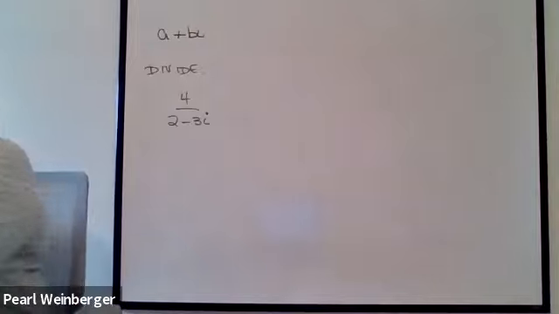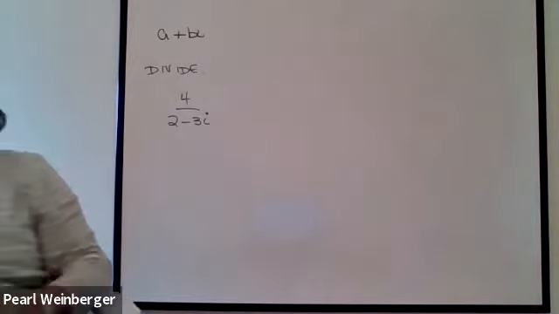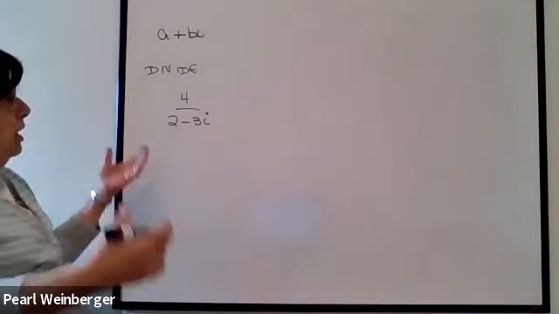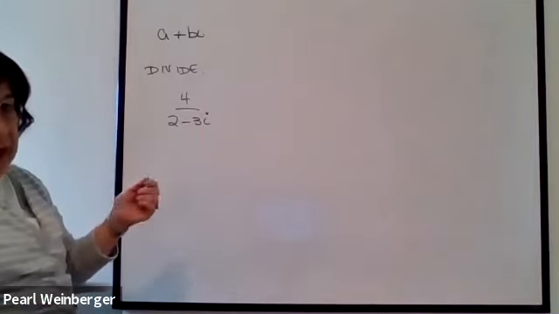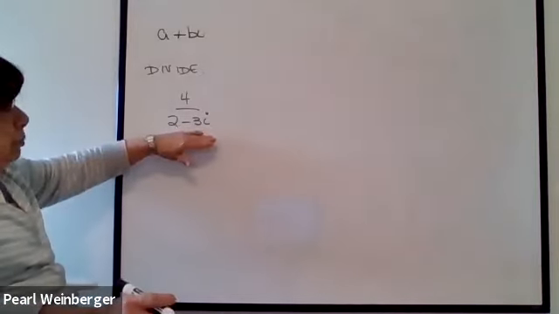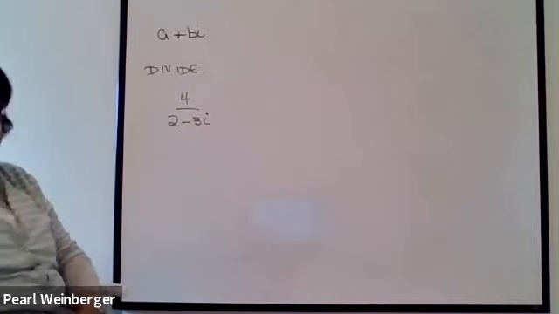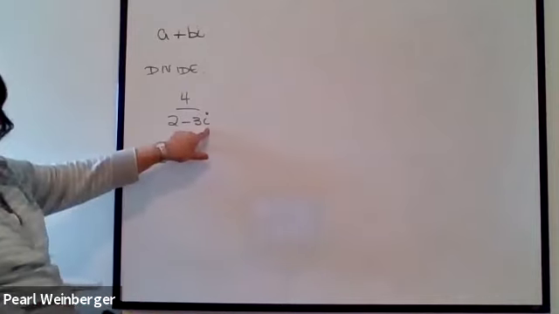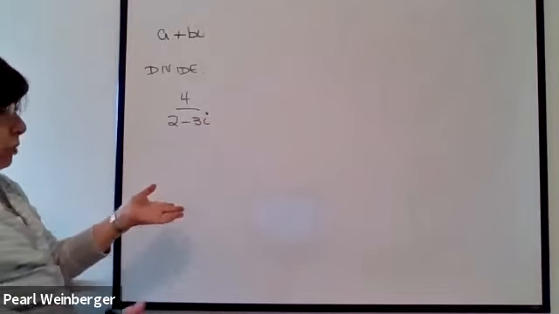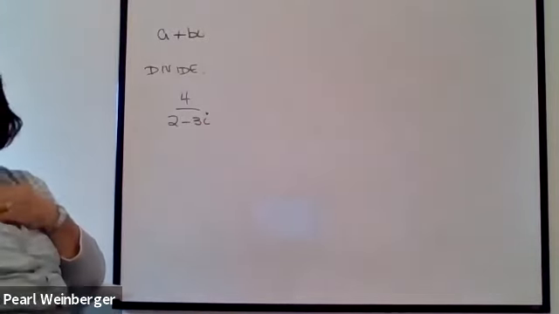What if you have, and again, it might say divide, it might say find the quotient, it might say simplify. Whatever it is, the problem is that you have a radical, in this case an i, which is like a radical because it's a square root of -1, in the denominator.